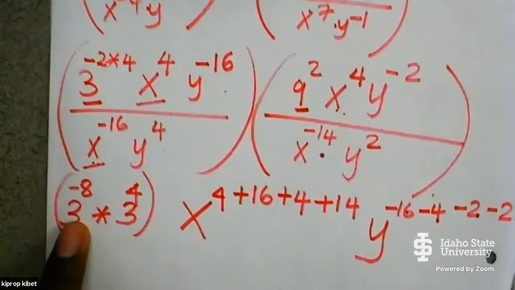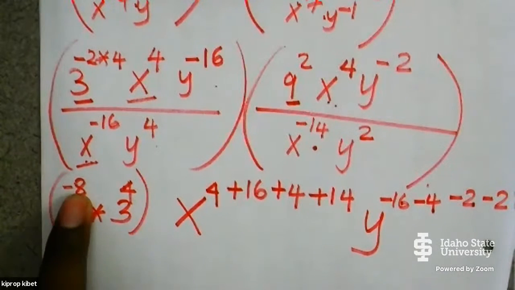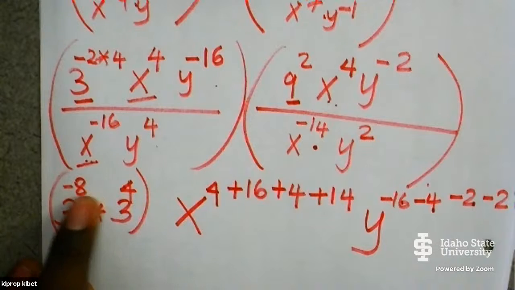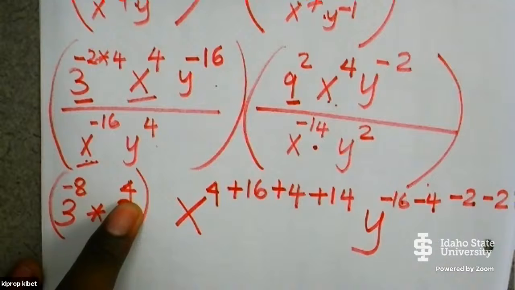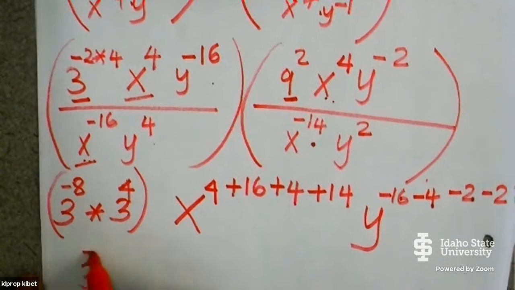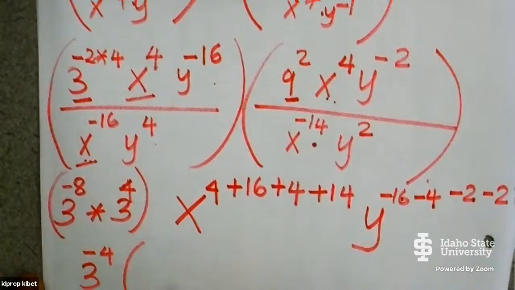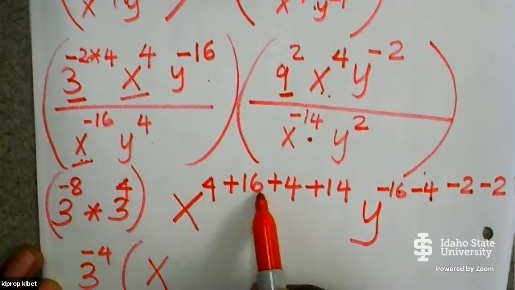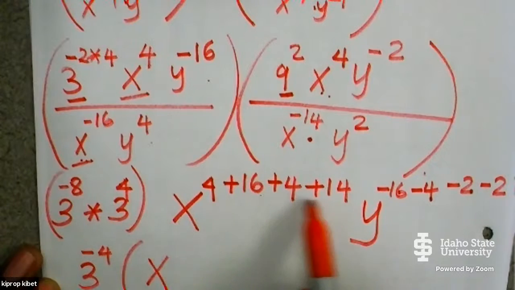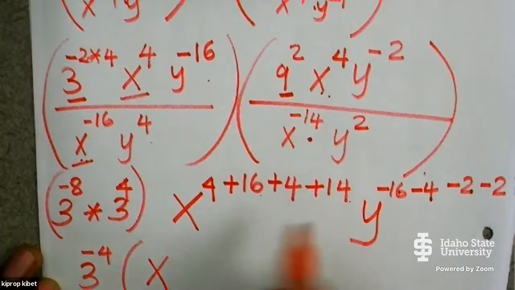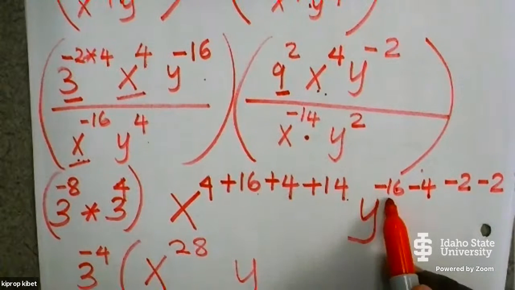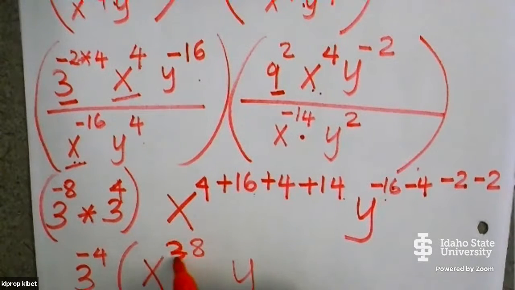So when you multiply 3, the bases are the same. What do you do to the power? You add. So minus 8 plus 4 is negative, so 3 raised to negative 4. Multiplied by x's. What are the values of x? So 4 plus 16 is 20. 20 plus 18 is 38. Y, minus 16. Sorry, 38.